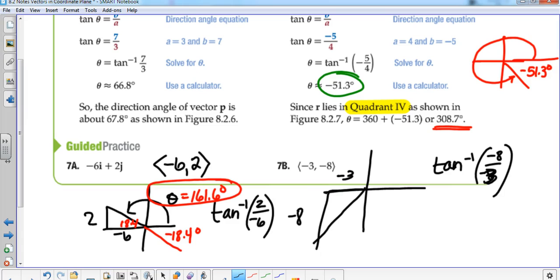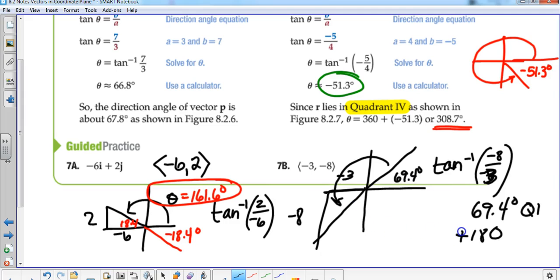Inverse tangent of 8/3 is 69.4, which is in quadrant 1, right? How do we move it around to here? Yep, we just add 180 again. So 249.4 would be the angle they're looking for.